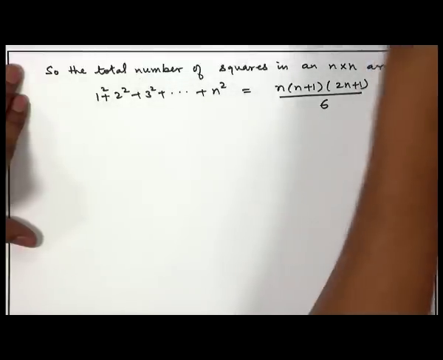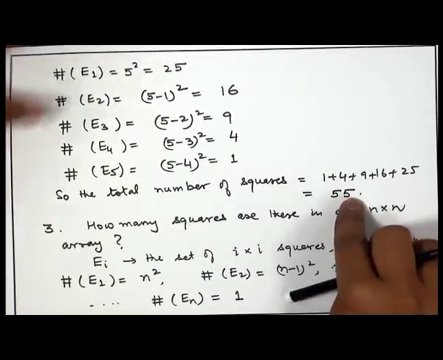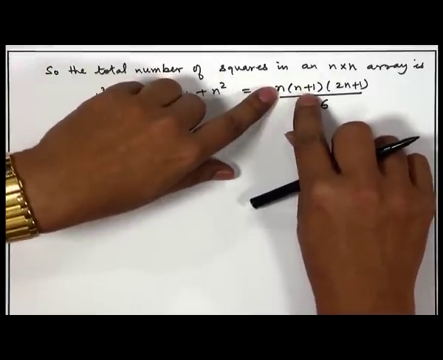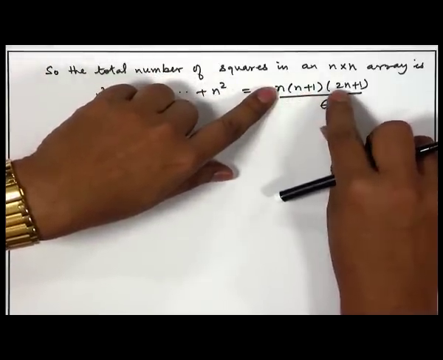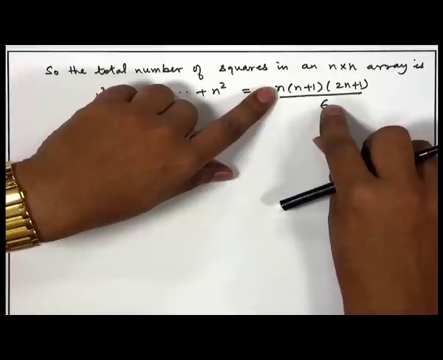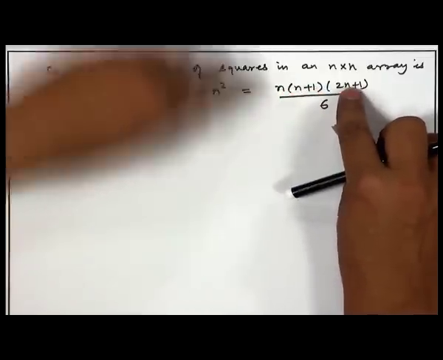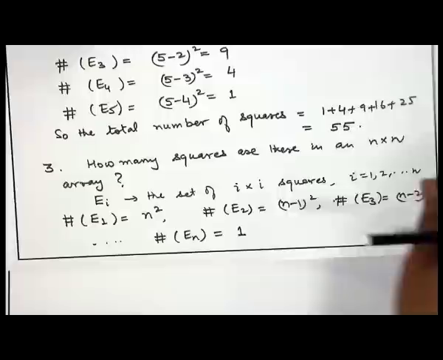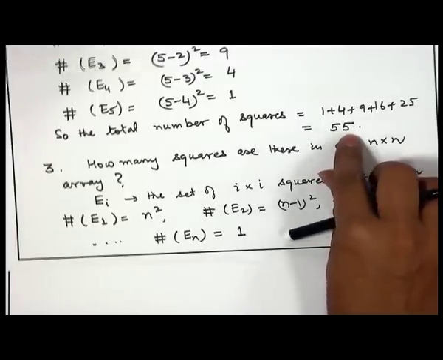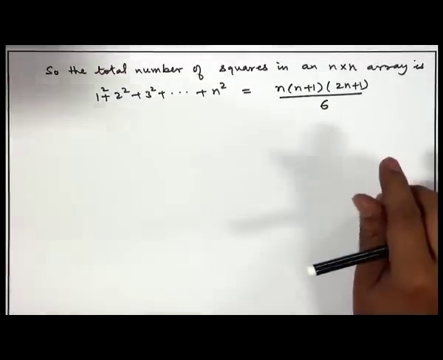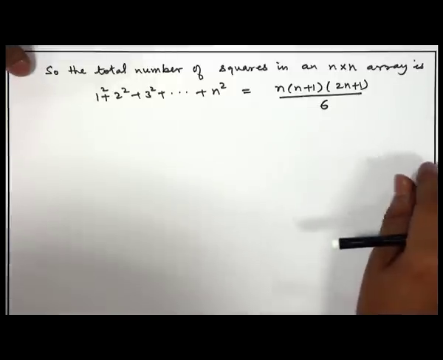You can check, we actually solved the problem for 5, we got the answer 55. So, if we consider here n equal to 5, then it becomes 5 into 6 into 11 divided by 6. So, this 6 cancels out, you get 5 into 11 equal to 55, which was the answer for this one.